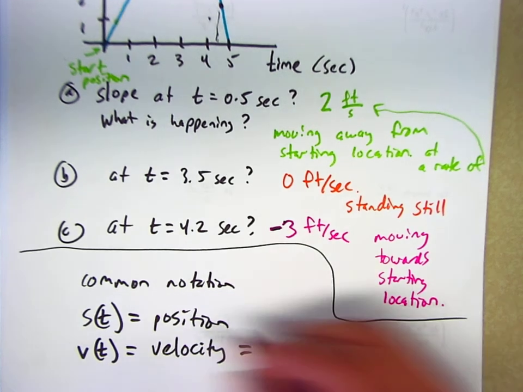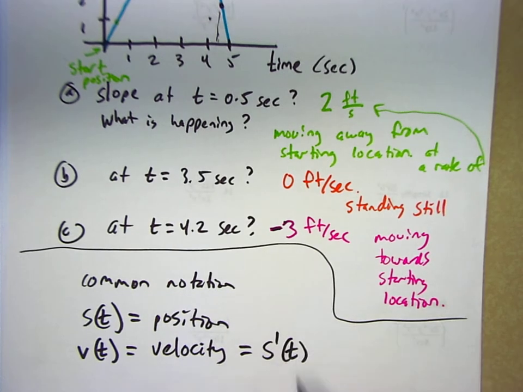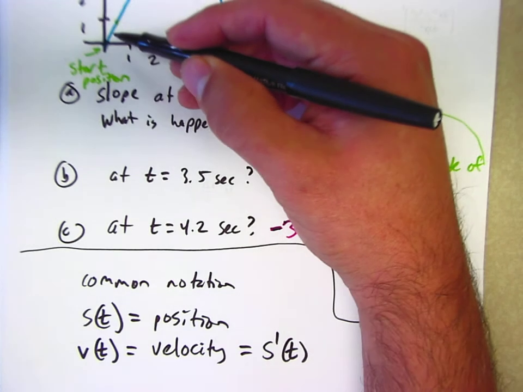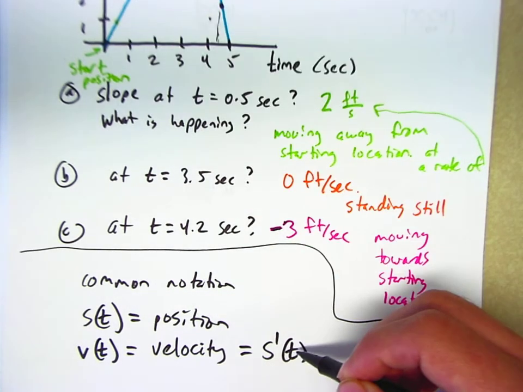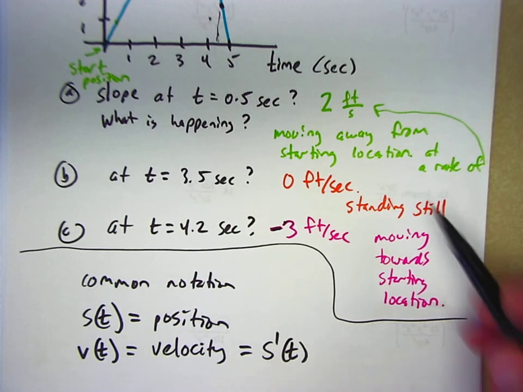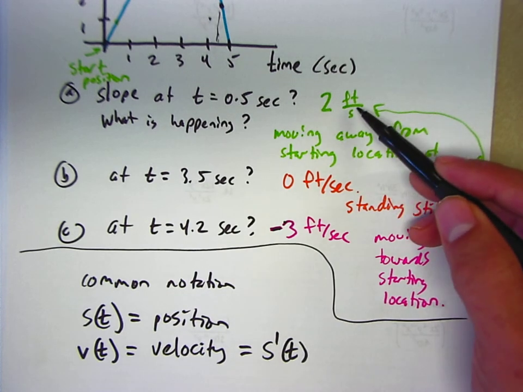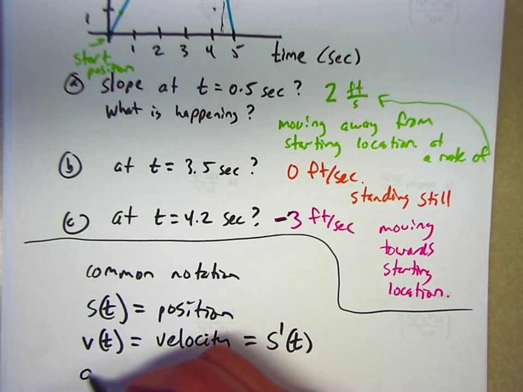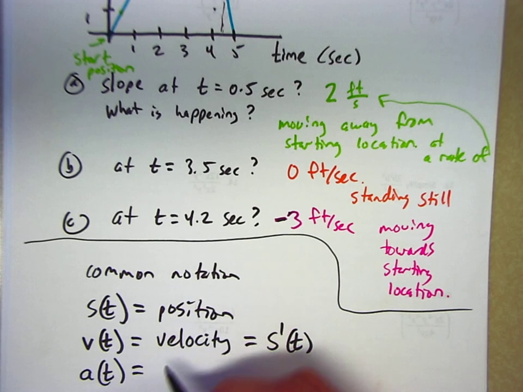And to find it, you just take the derivative of the position graph, because if I want to find the slope, you just take the derivative. Hopefully that makes sense, right? The rate of change, feet per second, that's going to be the velocity. If I were to take the derivative again, that would give us the acceleration.